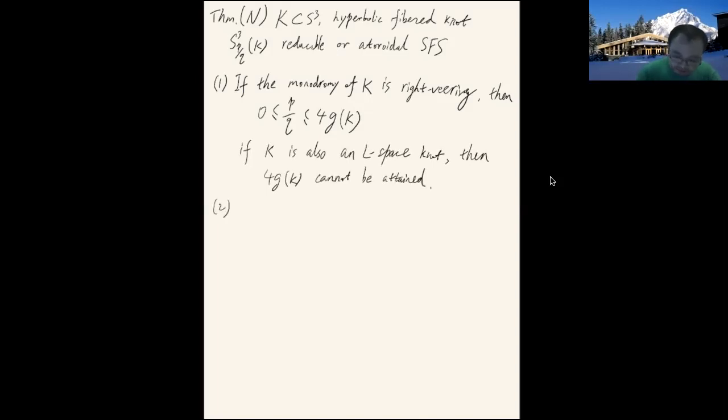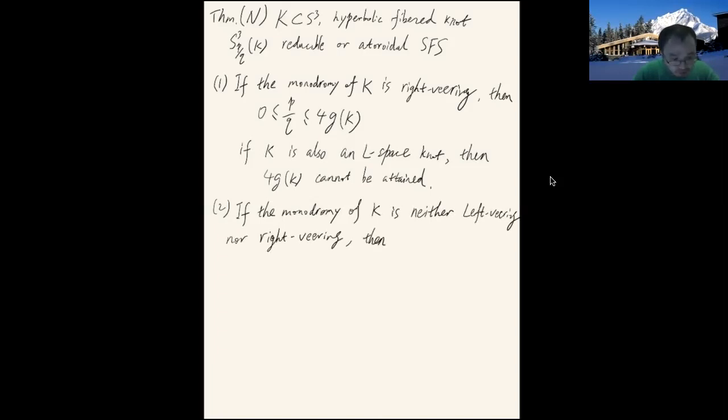Okay, and the second part of the theorem is: if the monodromy of K is neither left-veering nor right-veering, then Q is equal to 1.